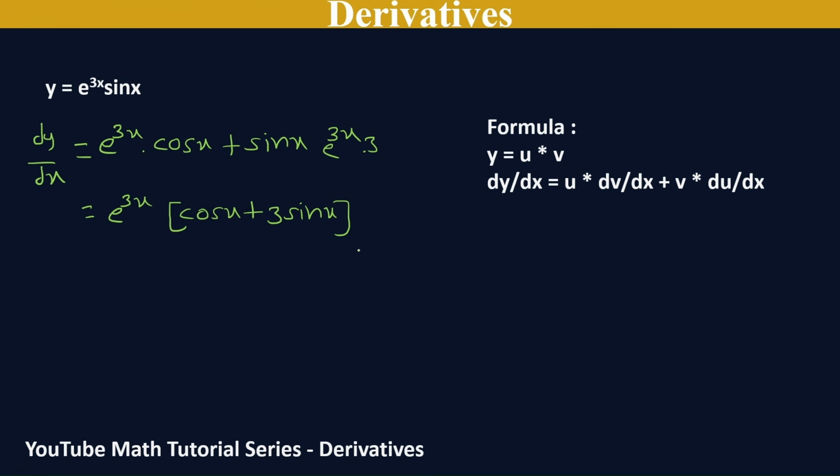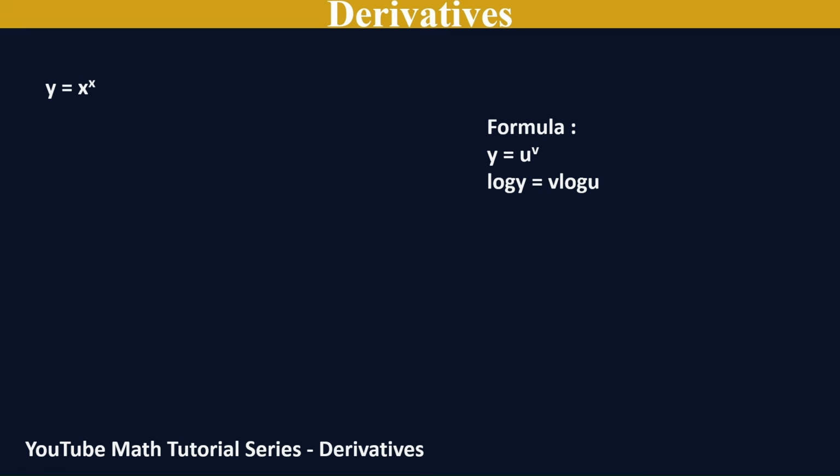Okay, let's move on to a new type now. In this case, y is u to the power v. If a power function is there, we can apply log on both the sides. When we apply log to y, with u to the power v, whatever is the power will become the coefficient.